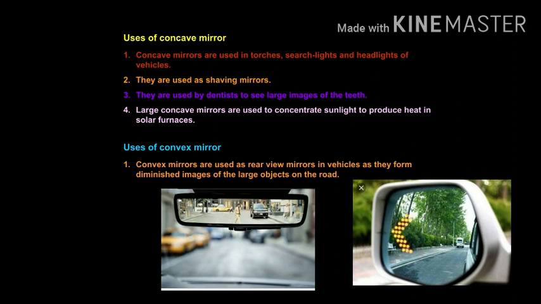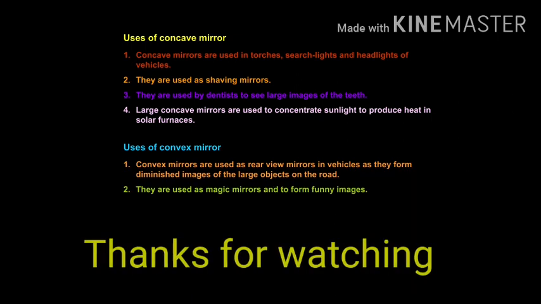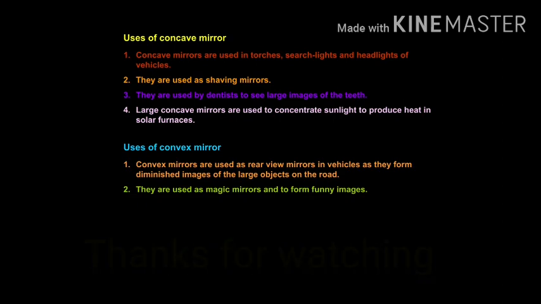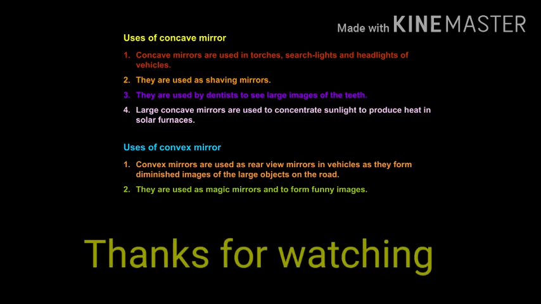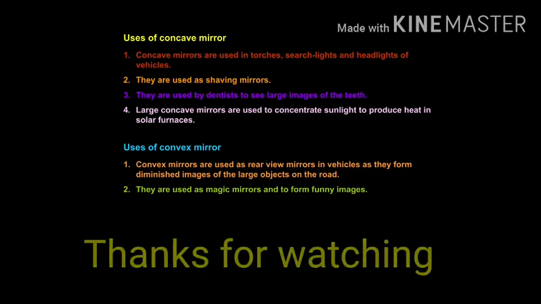Those mirrors are convex mirrors, and if you recall the properties of the image formed, the image is virtual, erect and diminished or small. They are also used as magic mirrors to form funny images. So these were the properties of the image formed by convex and concave mirrors, and some uses of convex and concave mirrors.